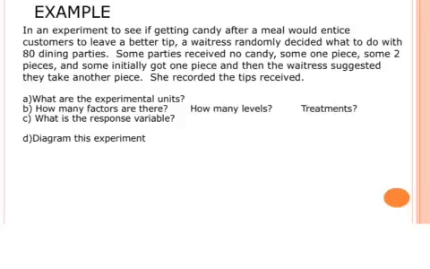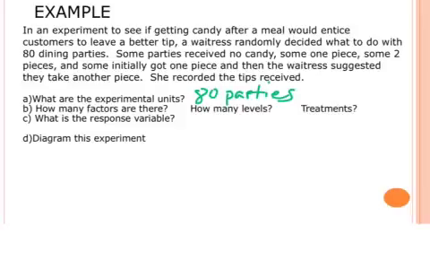She then recorded the tips that she received. So think about questions A, B, and C. What are the experimental units? How many factors, levels, and treatments are there, and what's the response variable, and you can use all of those to help you diagram this experiment. So go ahead and pause the video and see if you can answer A, B, C, and D.